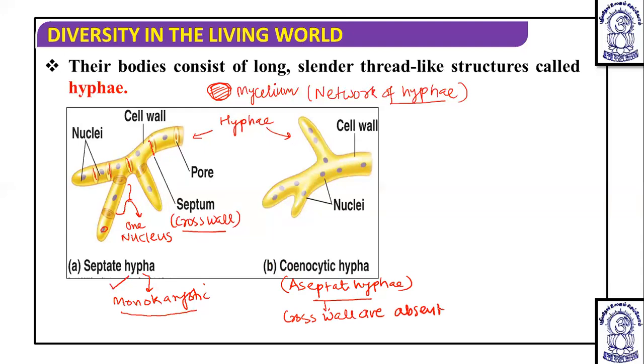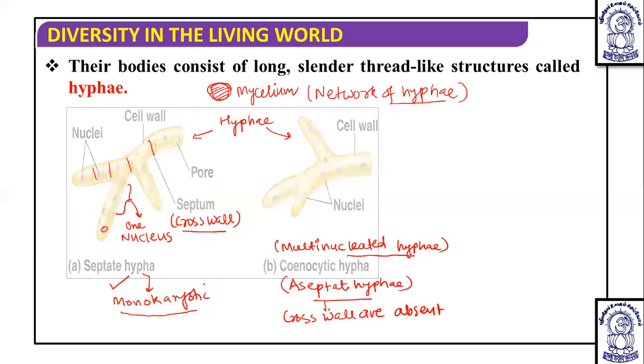In the hyphae, multiple nuclei will be observed. You can see the blue color shown here. These are the multiple nuclei, and due to this, multinucleated hyphae are known as coenocytic hyphae. So coenocytic hyphae is a term for multinucleated hyphae.